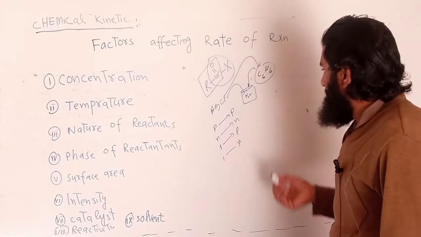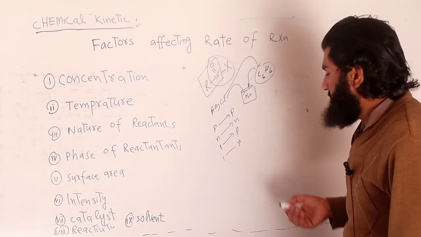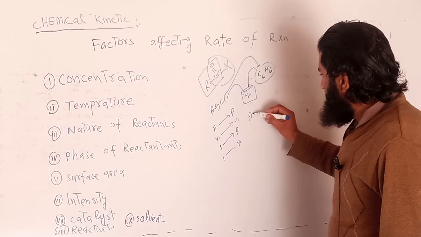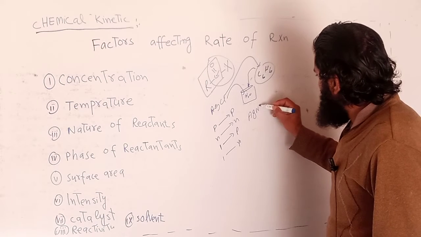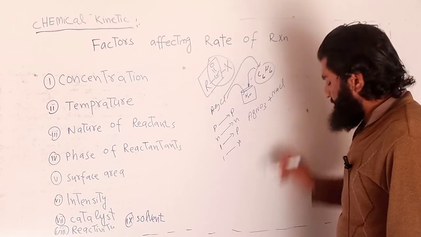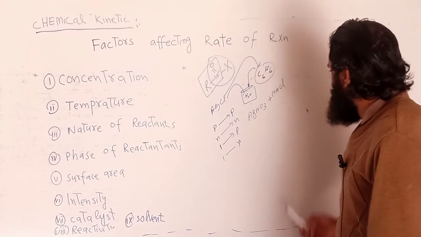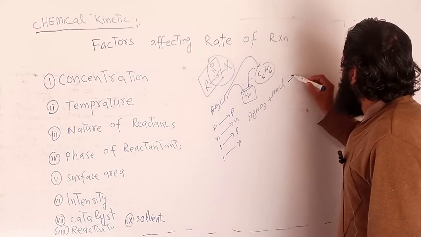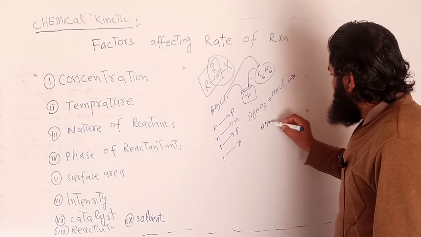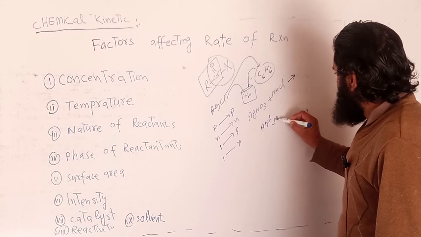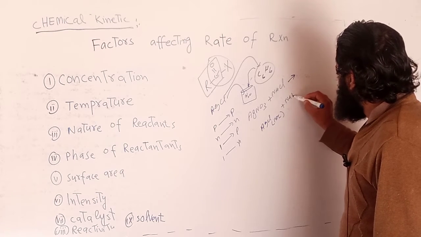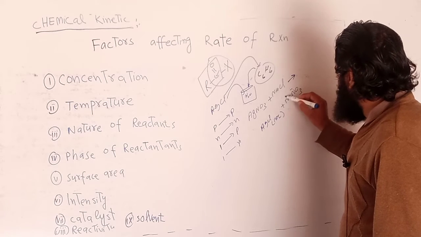For another example, we have taken silver nitrate and reacted it with sodium chloride, so it is an ionic reaction. So what will happen? AgCl will precipitate in water, plus sodium nitrate in association.